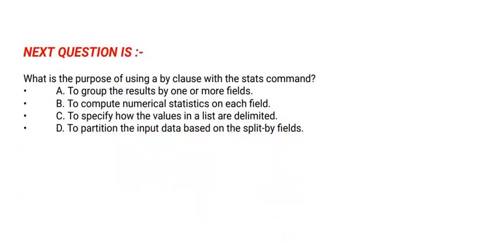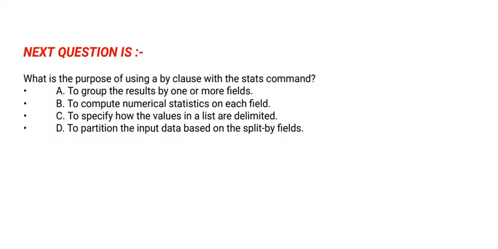Next question is, what is the purpose of using a by clause with the stats command? Options are option A, to group the results by one or more fields. Option B, to compute numerical statistics on each field.